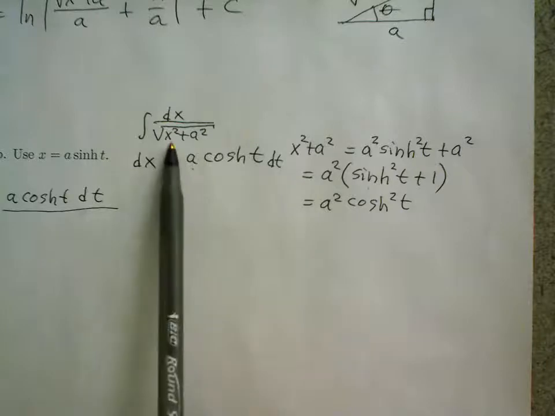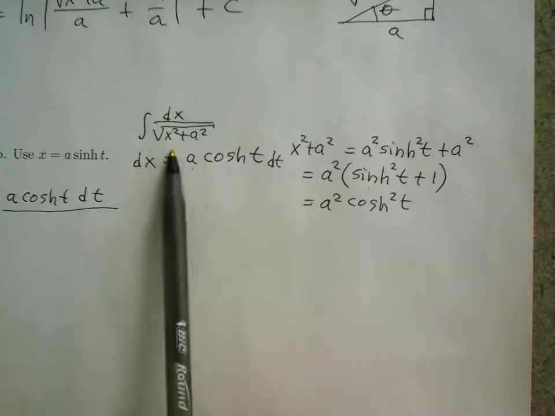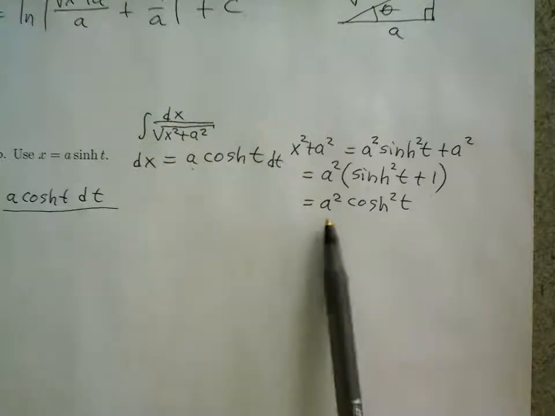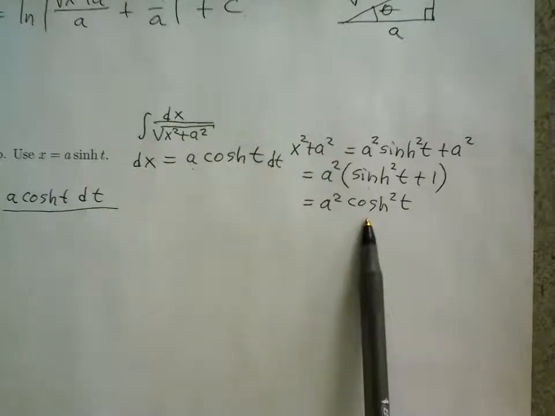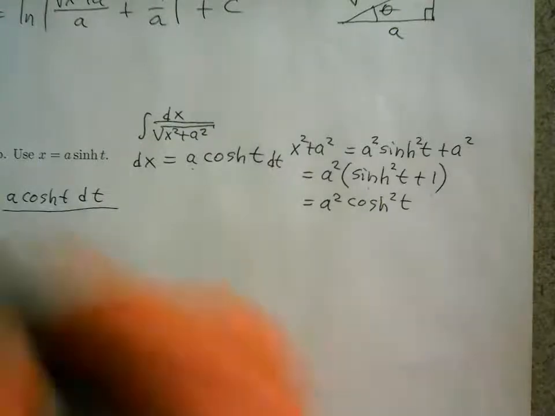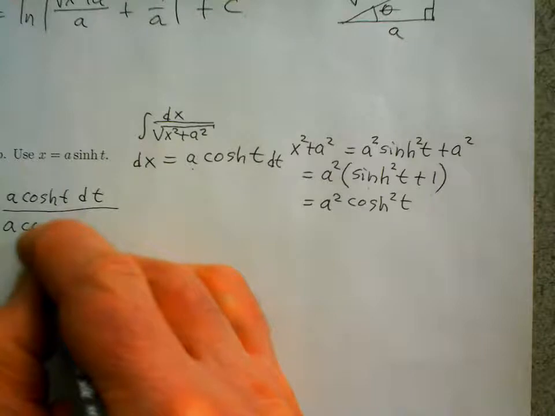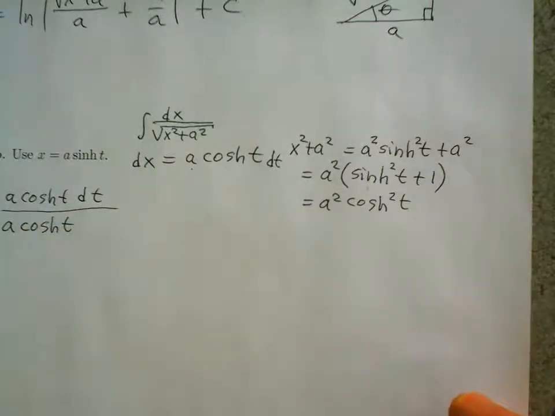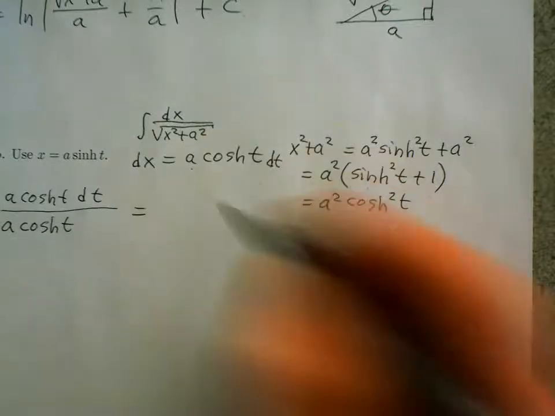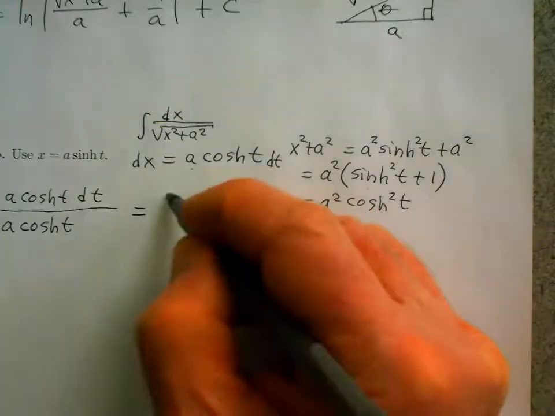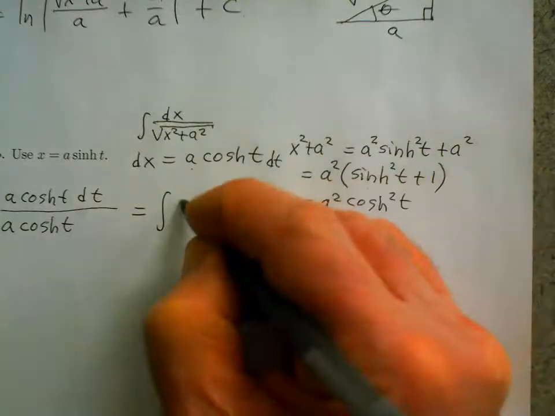In the denominator, we have the square root of x squared plus a squared, which becomes the square root of a squared times hyperbolic cosine of t squared. So the square root of that is just a times hyperbolic cosine of t. And a divided by a is 1. Hyperbolic cosine of t divided by hyperbolic cosine of t is 1. So we get the indefinite integral of dt.